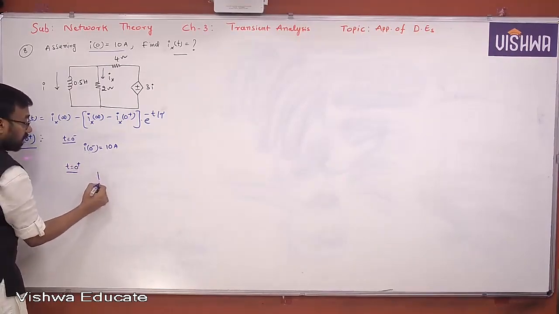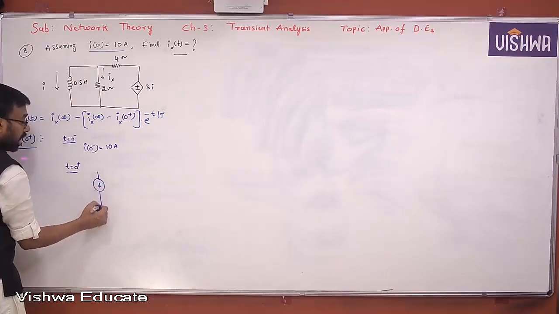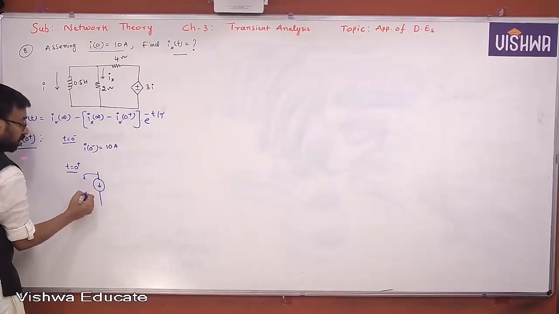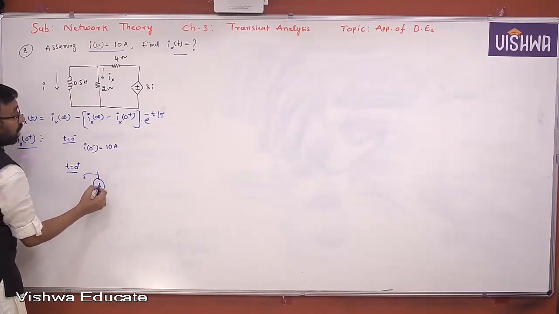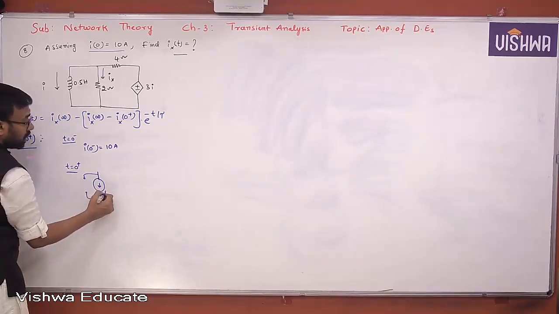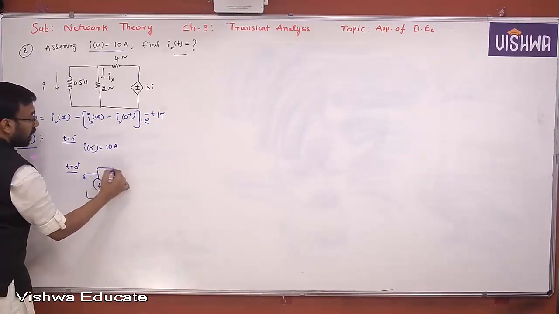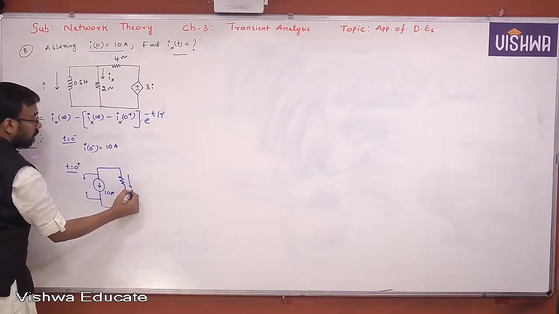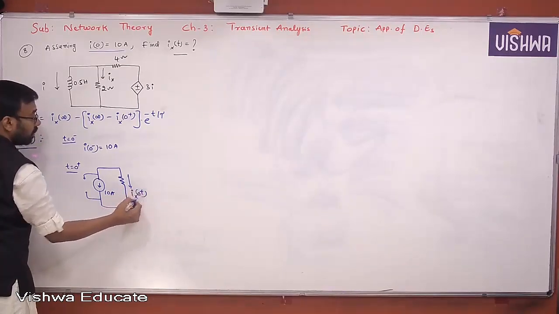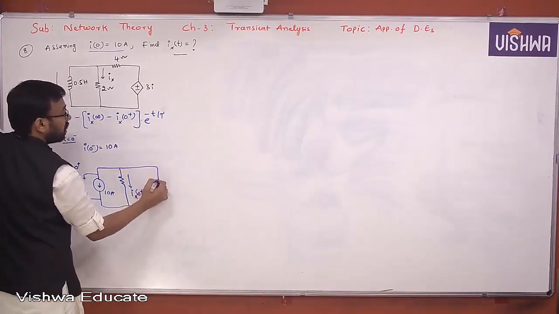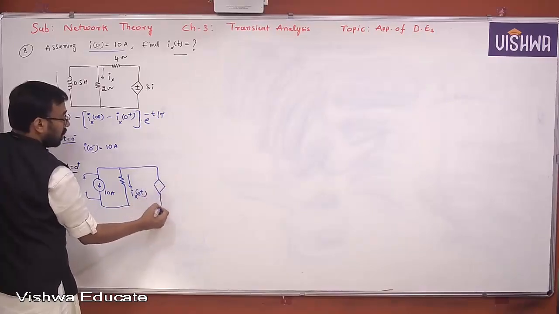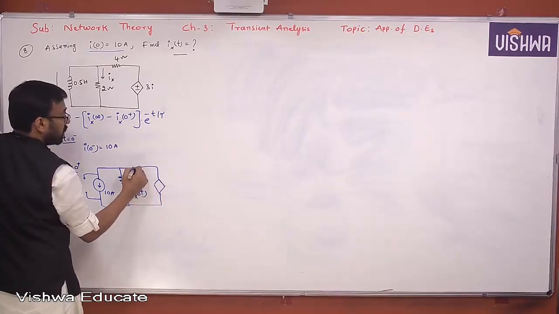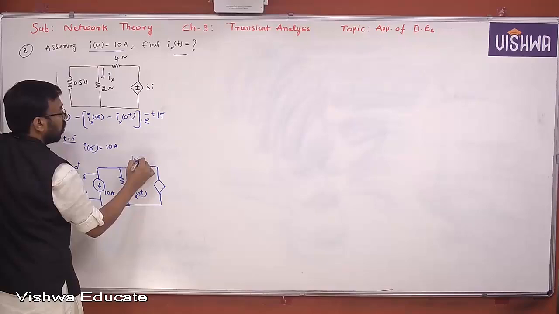So what is that information? The current direction is clearly mentioned. This is an inductor, a parallel inductor model, and the value is 10 amperes. And this is the resistor. You are looking for the current Ix of 0 plus. And here is the voltage source, and here is the resistor, this is 4 ohm.